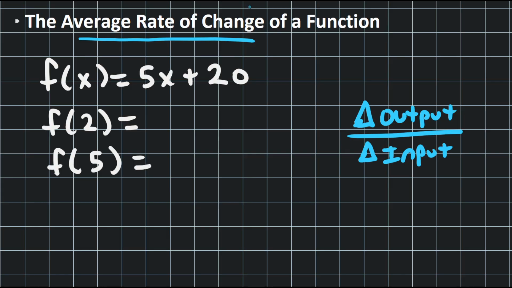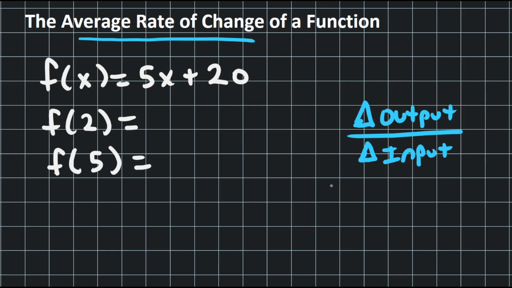Now, what is the output and what is the input? Well, the output of a function is f of x, and the input of the function is x. We input x, and we get out f of x.